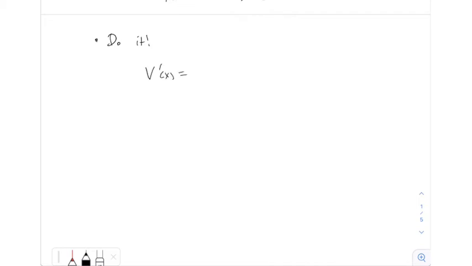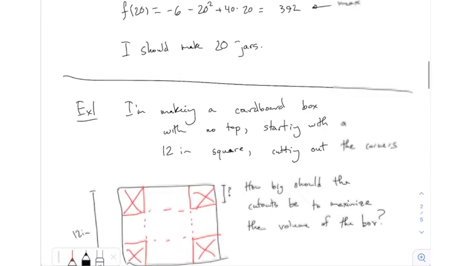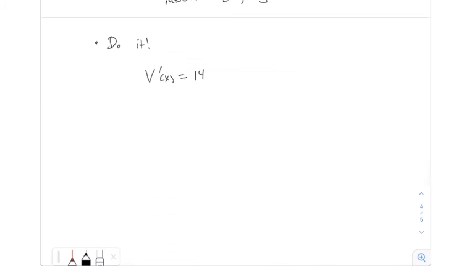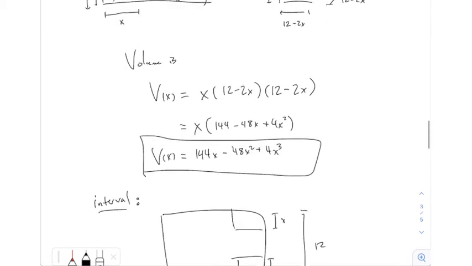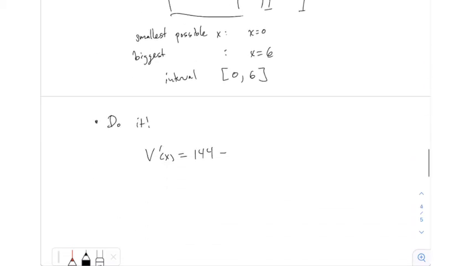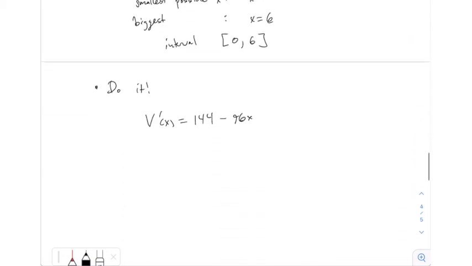So the derivative of 144x minus 48x squared, I get minus 96x, and then plus 4x cubed gives me plus 12x squared. I think I did the numbers right. This is the derivative. I need to set this equal to 0 to find the critical numbers.